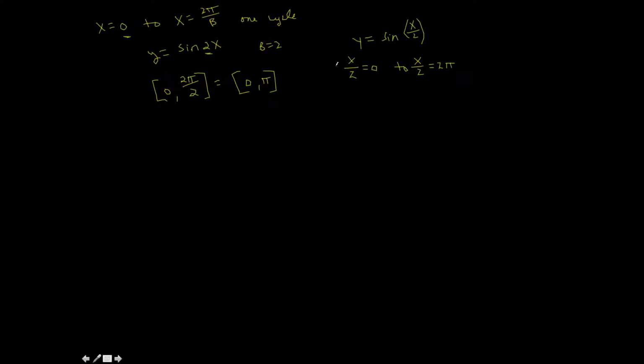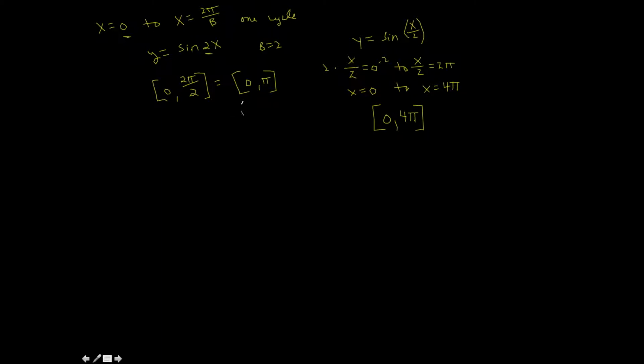Well, the opposite of division is, of course, multiplication, so I'm going to multiply both sides by 2. So that gives me x equals 0 to x equals 4 pi when you do the same step on the right side there. So my period here is from 0 to 4 pi.